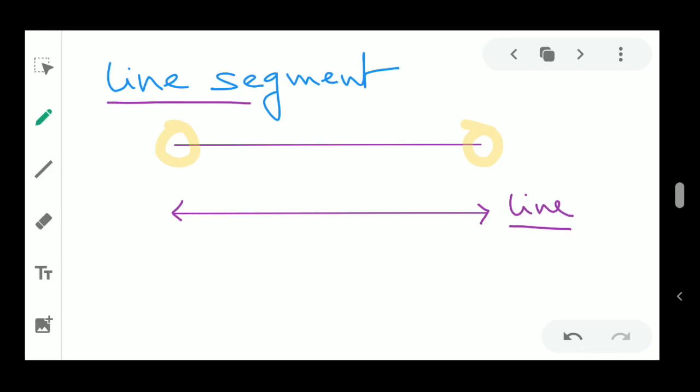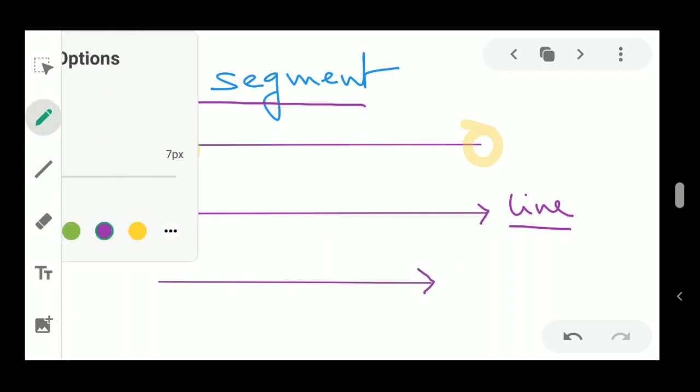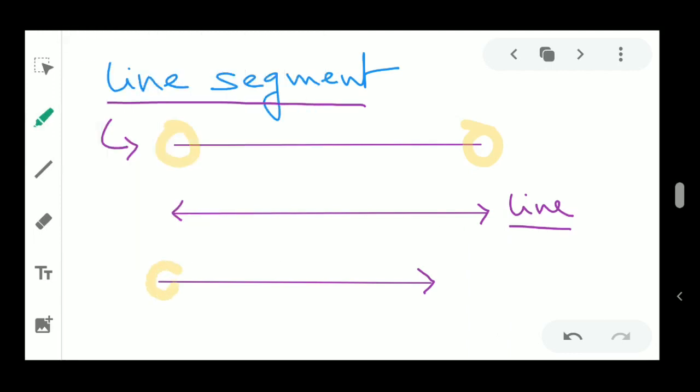This is a line segment, and this one is called a line. If a line looks like this with an arrow, but on one side it is fixed, so it has one end, then it is called a ray.